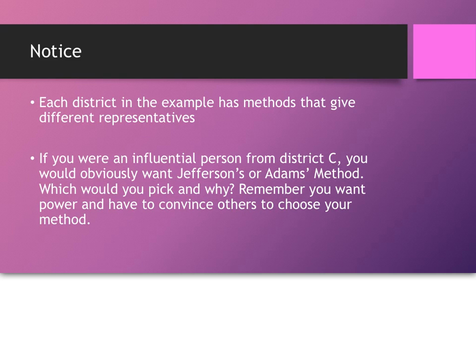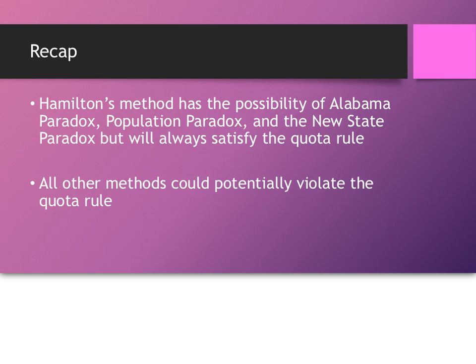Since I've already gone over that, I'm not going to take a whole lot of time on it. Now, I want to recap the problems that came out with every method. Hamilton's method had the Alabama paradox, where we increase the number of representatives, but all of a sudden one state loses a rep.